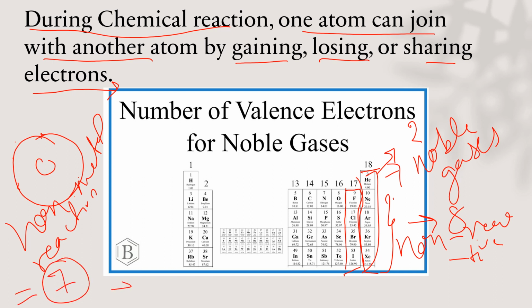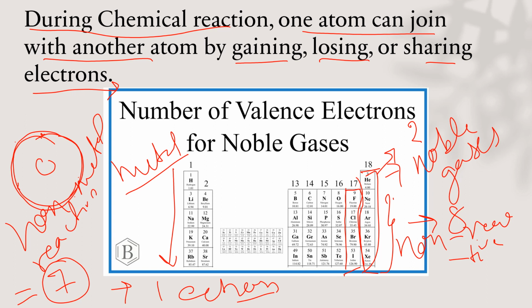So they need 1 electron to fill their outer energy level, and so they react. Also, if you see group number 1, they are metals, they are highly reactive, and the number of electrons in their outermost shell is 1. So they are highly reactive metals.